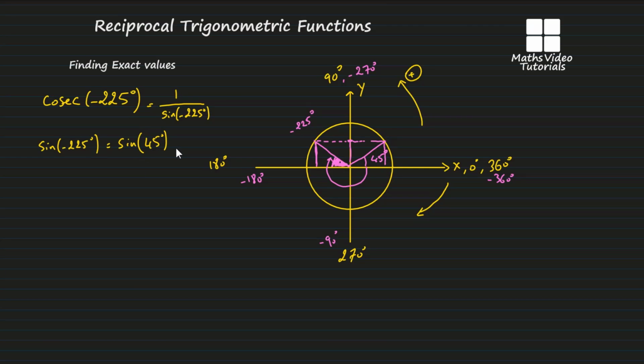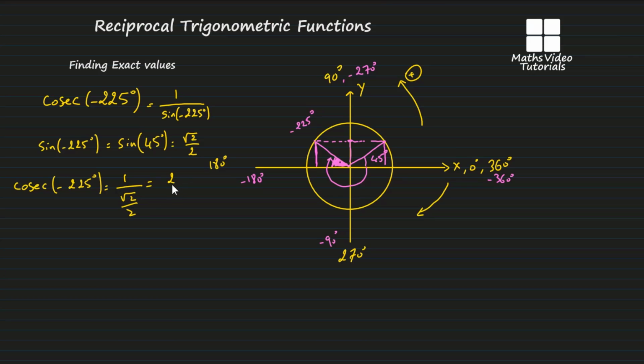What is sine 45? We know sine 45 is square root of 2 over 2. So cosec negative 225 is equal to 1 over root 2 over 2. Doing this is easy: you just flip it over.